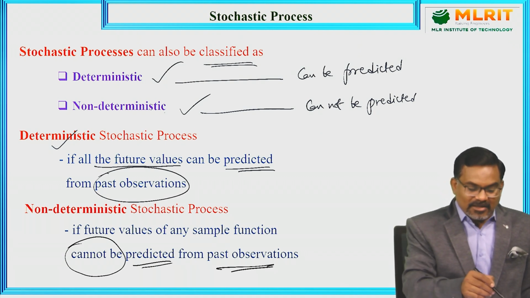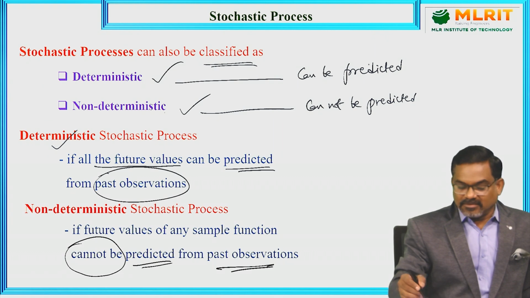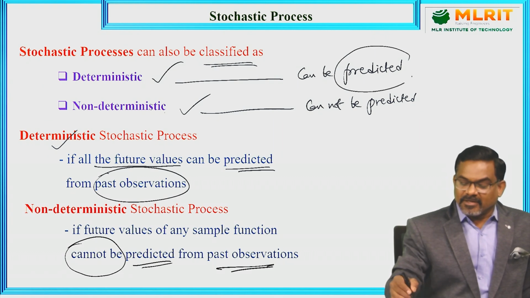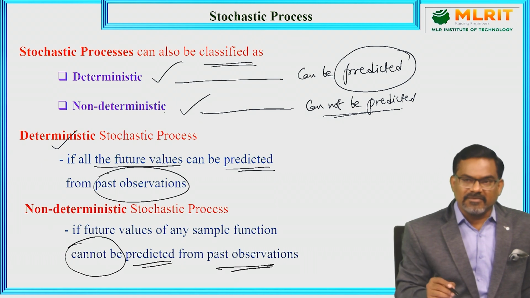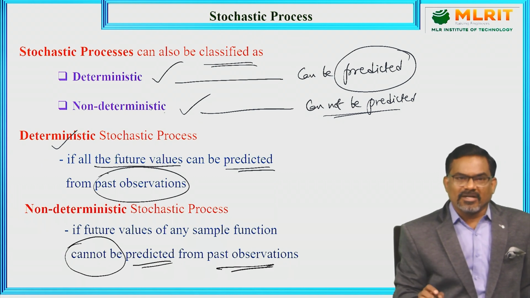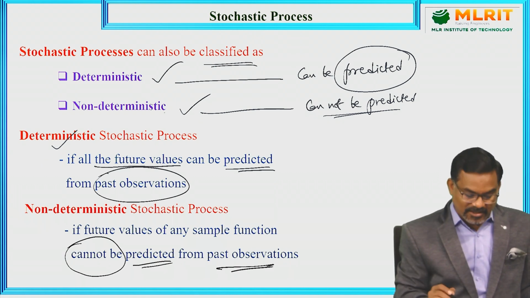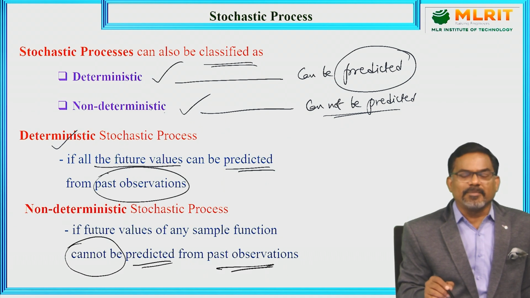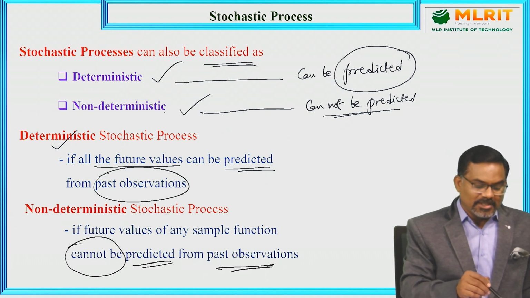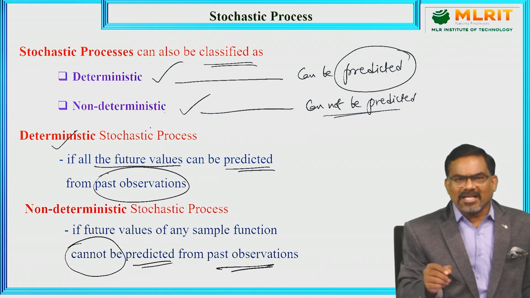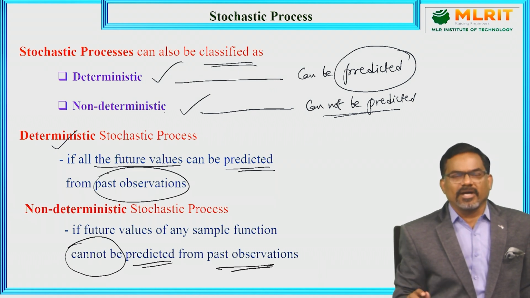So, in the title itself, deterministic means predicted and non-deterministic cannot be predicted. In the title itself, it has a meaning, the definition is very clear. So, if all the future values can be predicted using the previous values, then the process comes under deterministic stochastic process, otherwise non-deterministic stochastic process.